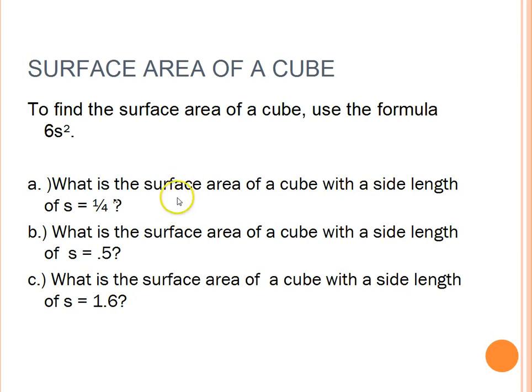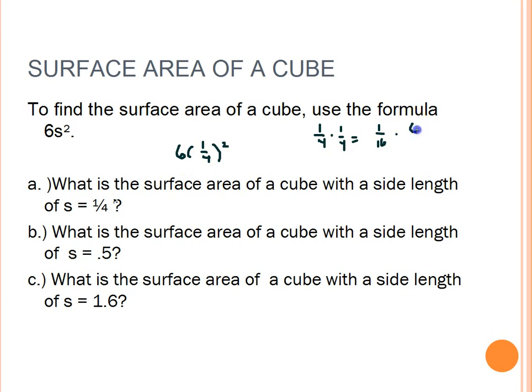Okay, so for my first problem, we're going to go ahead and take a look at plugging into my formula. So I'm going to have 6 times, I'm going to put parentheses around 1/4 squared. So what's going to happen is I need to find out what 1/4 times 1/4 is. And remember, when we multiply fractions, we multiply numerators, multiply denominators. So it becomes 1/16. And then I have to multiply it by 6, and I can put 6 on the end because multiplication is commutative.